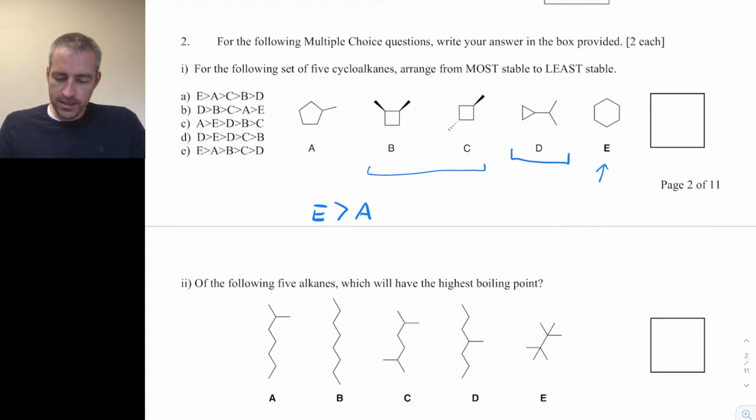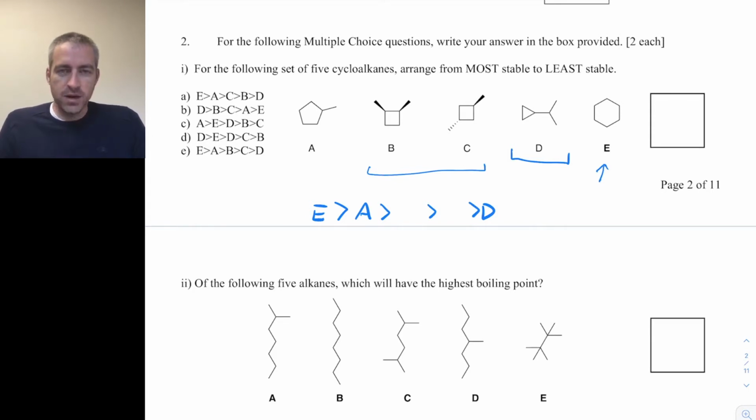Then we're going to compare B, C, and D. The worst we said was going to be D, which we can put over here. But we have 2 more spots, B and C. So we have to decide which of these, B or C, is going to be more stable. In B, we have the 2 substituents, which are 2 methyl groups, quite close to each other, and they're cis. So they're both pointing in the same direction.